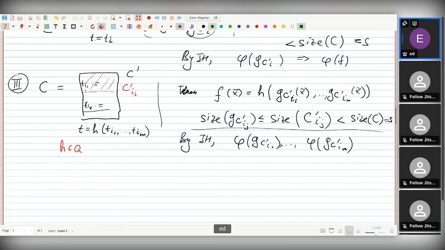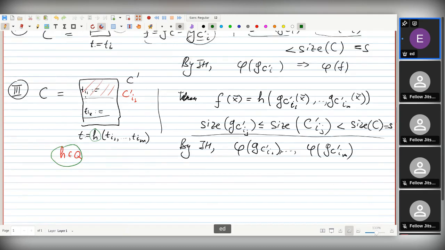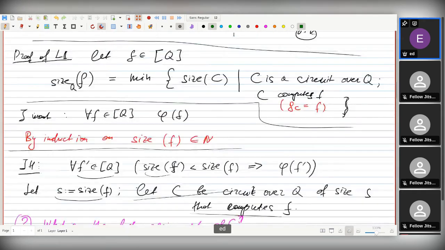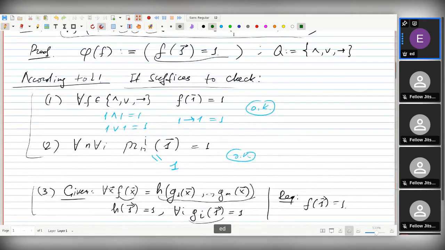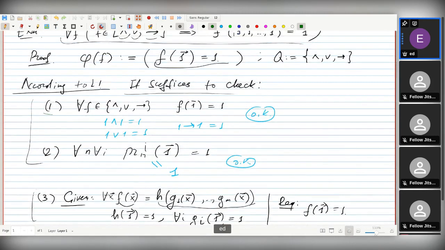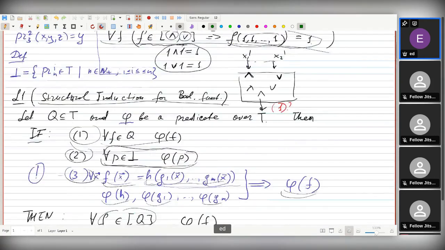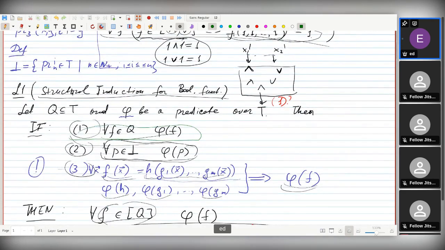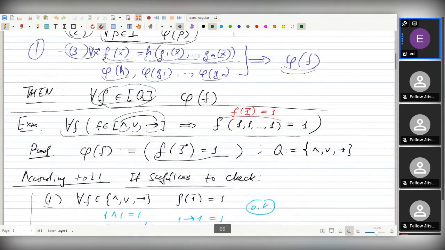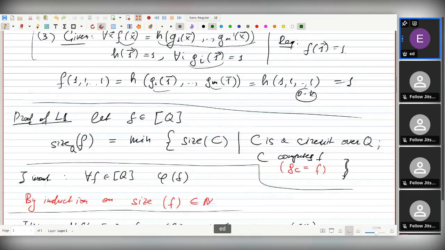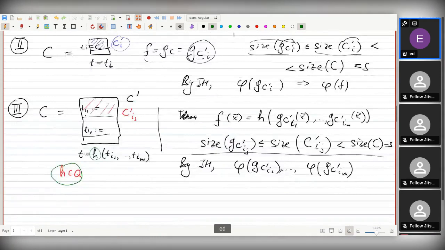But what is H? H, according to our definition, is something from our base set. But according to our assumption 1, everything in Q also satisfies phi. So we see that H satisfies phi, and every g satisfies phi. And F is the superposition.